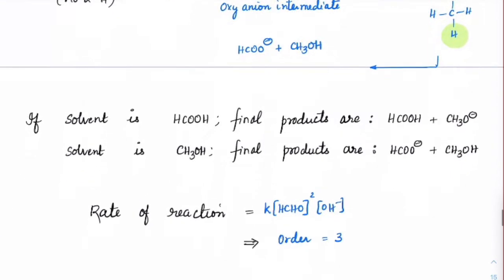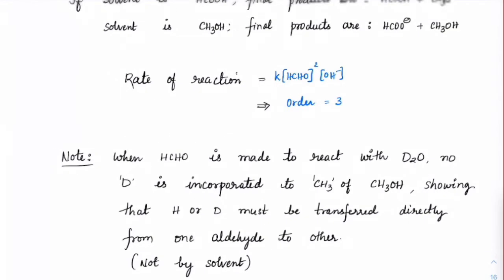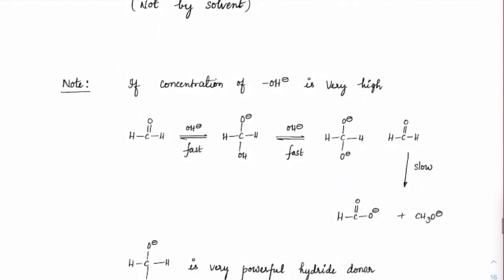So whatever CH3OH is forming here, that hydrogen is only coming from this formaldehyde, not from D2O. So it gives importance that there is only a hydride shift and there is no exchange from the solvent. Okay. So the solvent is not involved here.